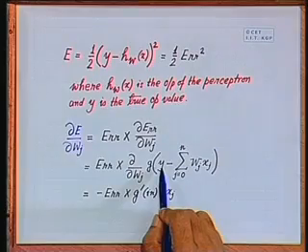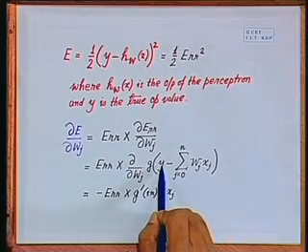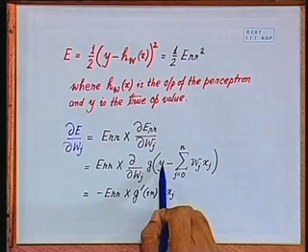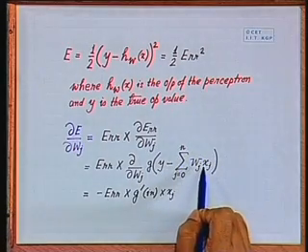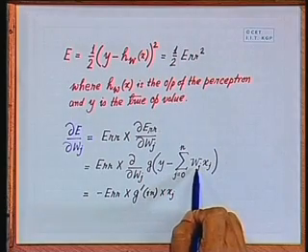This is the correct value that we should get, and this is the incorrect value that we have got, because our weights are not yet tuned.